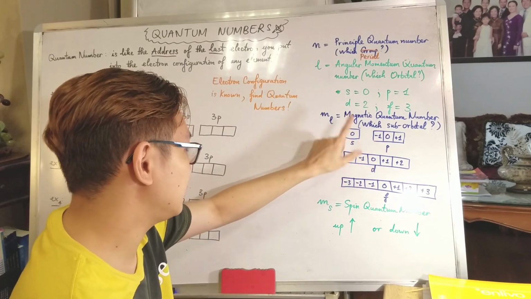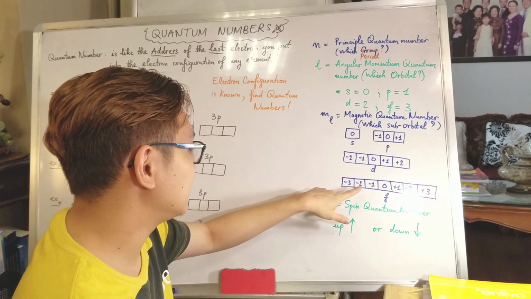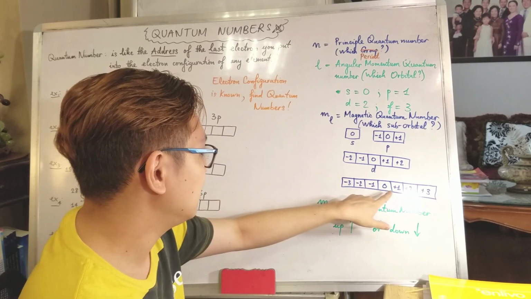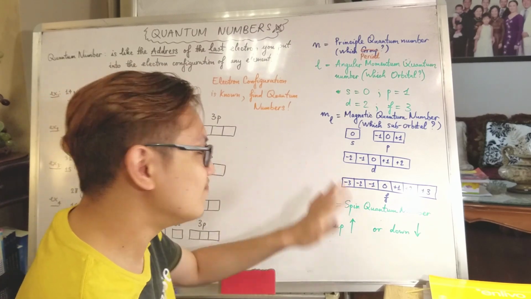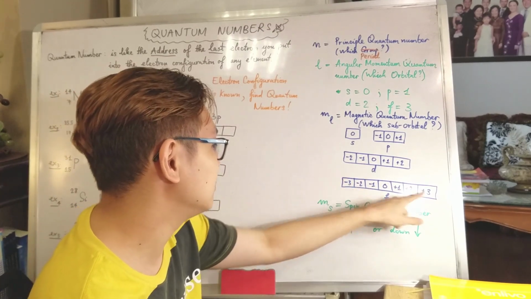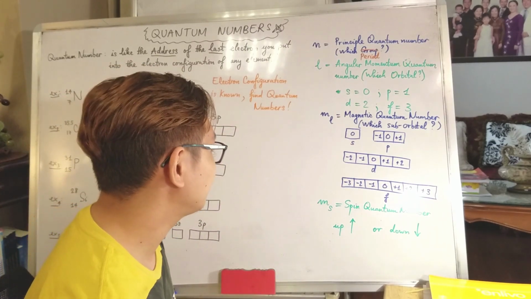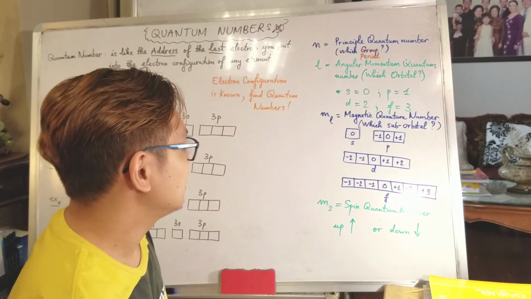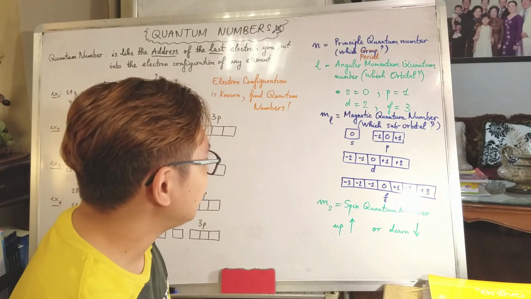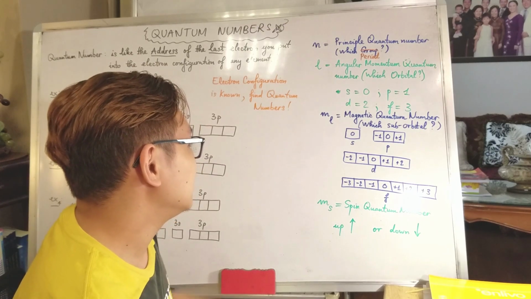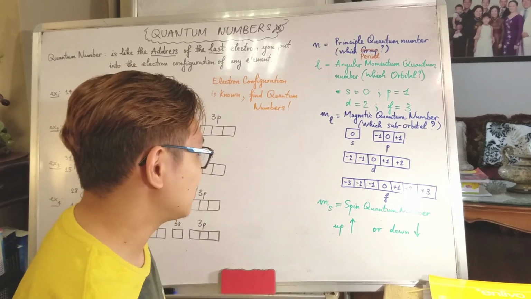On the left is negative, and on the right is positive. So negative 1, negative 2, negative 3, plus 1, plus 2, and plus 3. Most of the time you will not even need to care about F in your program of study, so focus on S, P, and D, okay? This tells you exactly which square that electron belongs to.